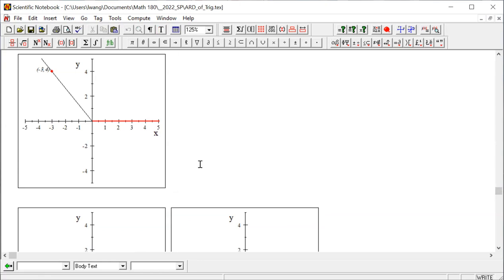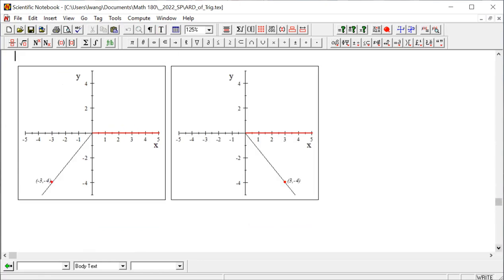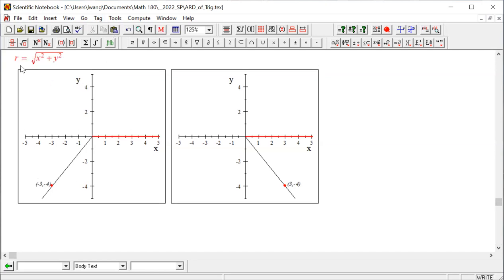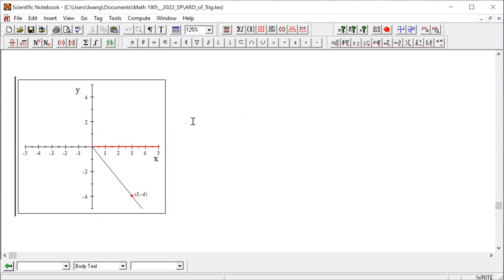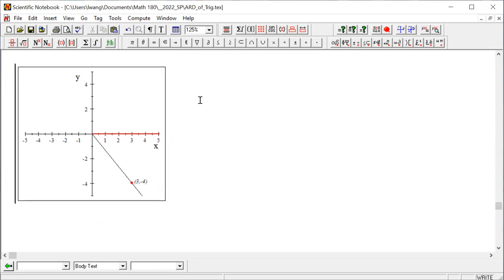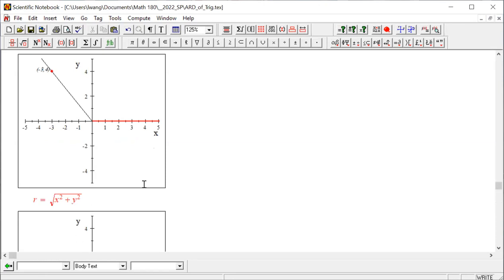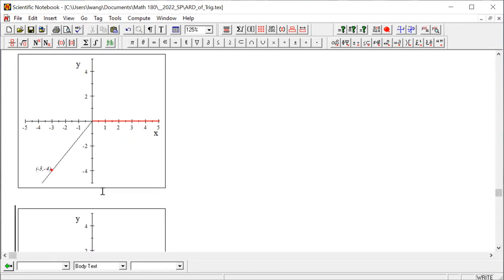So now let's look at this angle, which terminates in the third quadrant, right here. Let me just move it up right here.